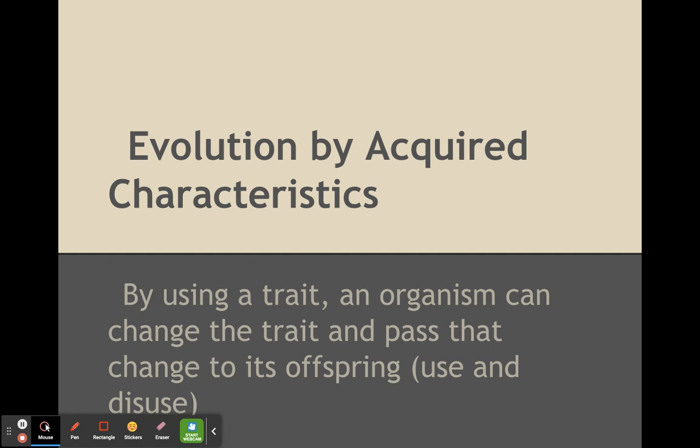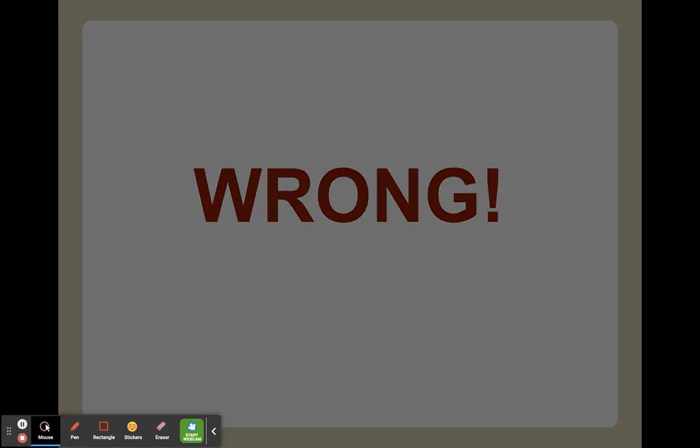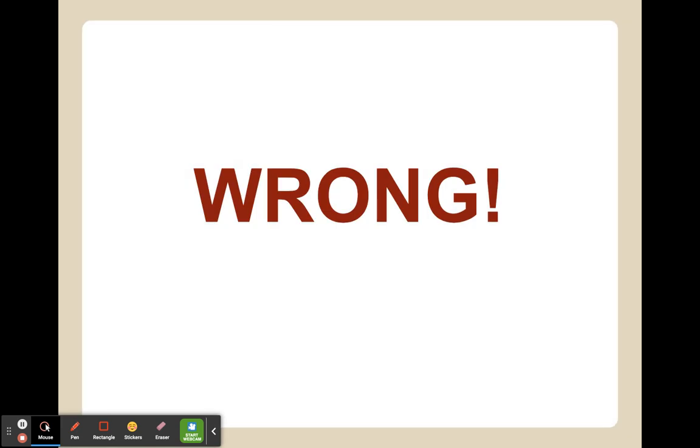So evolution by acquired characteristics is, again, this is what Lamarck basically said. And to summarize, he said, by using a trait, an organism can change that trait and pass that trait on to its offspring. Another name for this is use and disuse. Lamarck was wrong. You cannot change one of your traits and pass that trait on to your offspring.